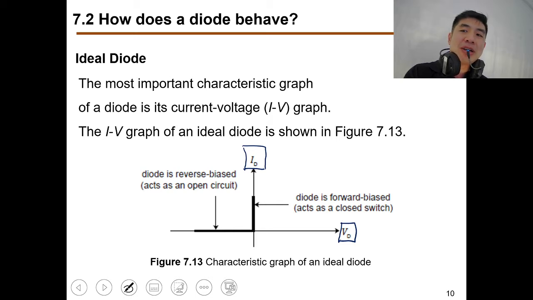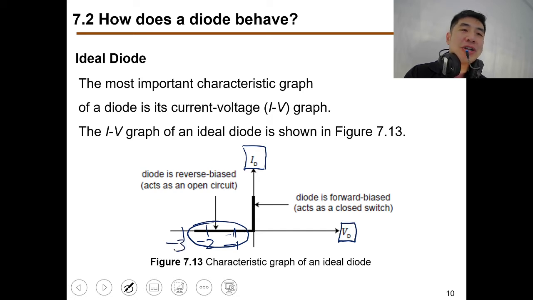What this graph is showing you is that when there's no voltage drop, this part of the graph, it is an open circuit, because no voltage, no current, so everything's 0 here. Can you see? You increase the negative voltage by -1, -2, -3, you still get 0 current.